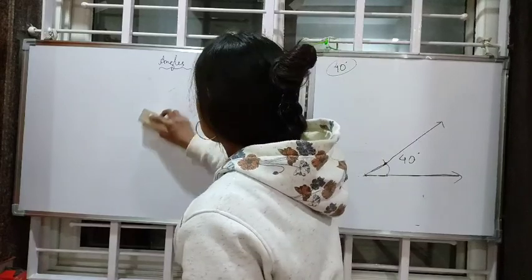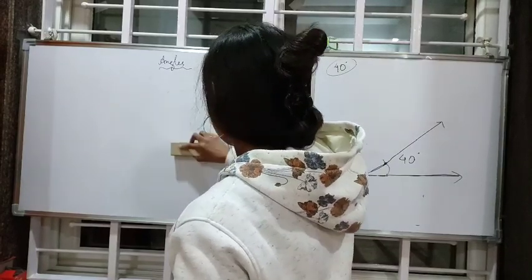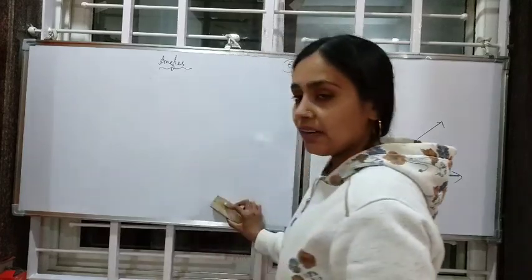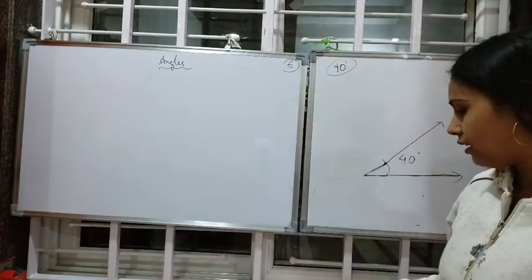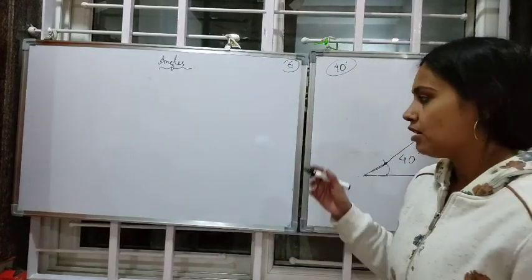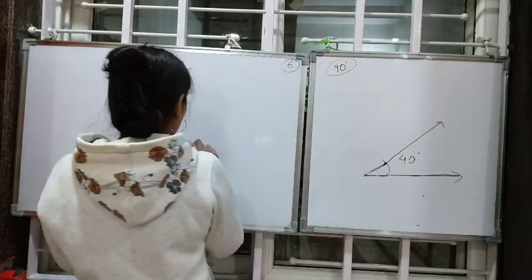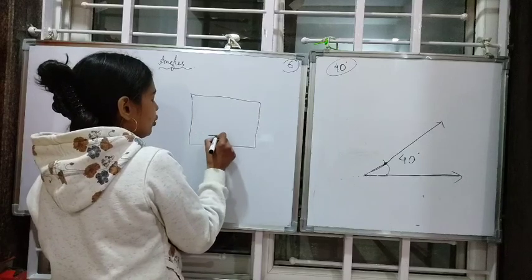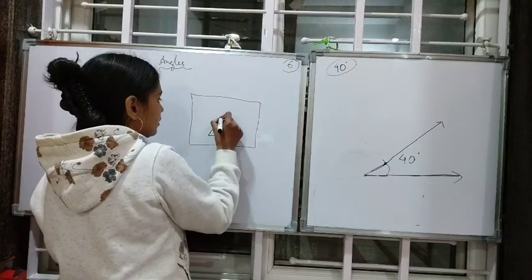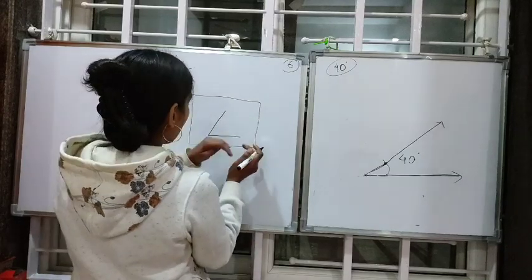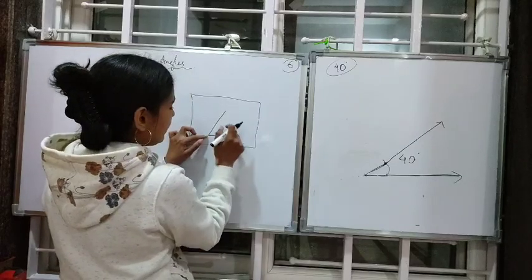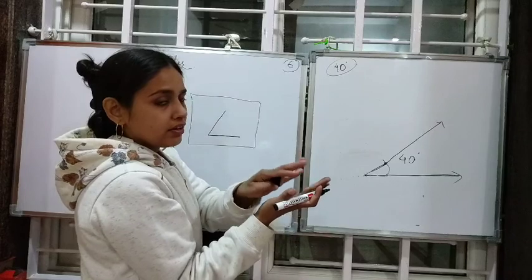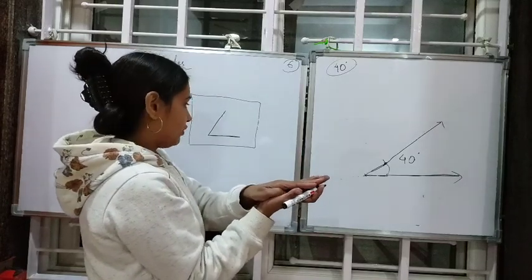As you know, a bisector divides a line into two equal parts. That means an angle bisector also divides the angle into two equal parts. The first method is paper folding, very simple. Draw your angle like this, and then fold your paper in such a way that these two lines coincide with one another, one on top of the other.